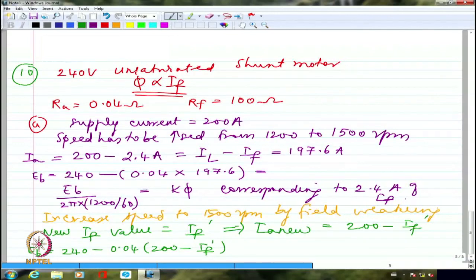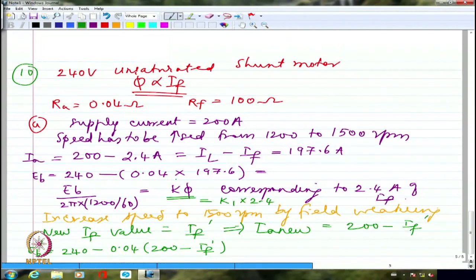But this has to happen at a value of 1500 RPM, right? So rather than writing this as K5, this K5 is actually K into IF dash multiplied by some other constant, or I should say K5 is equal to K1 multiplied by 2.4.